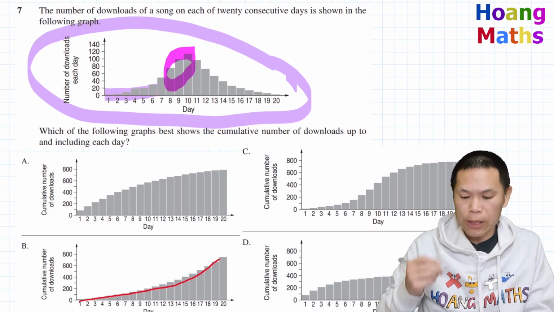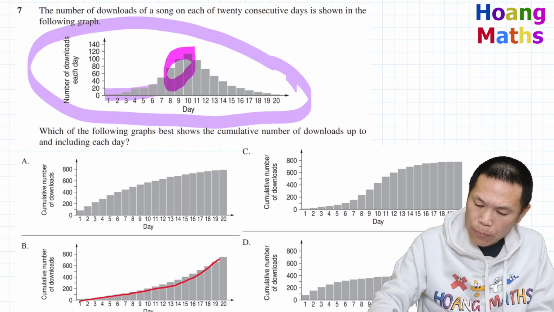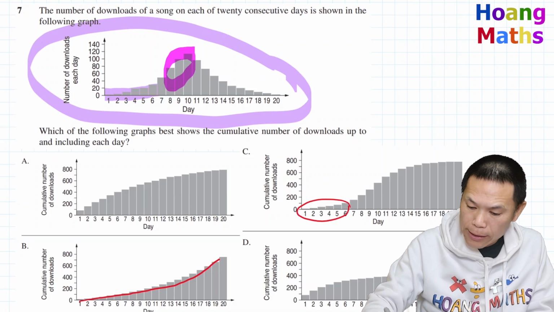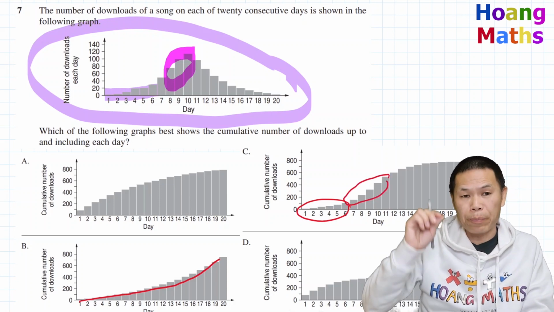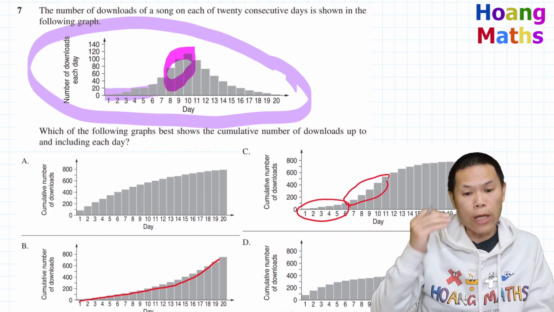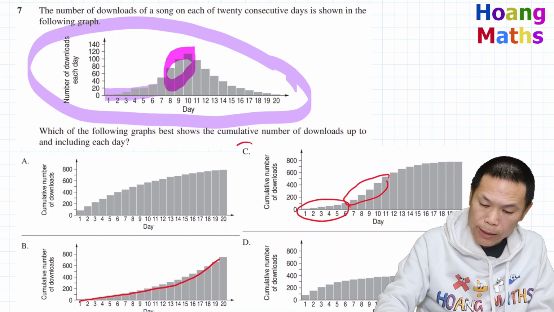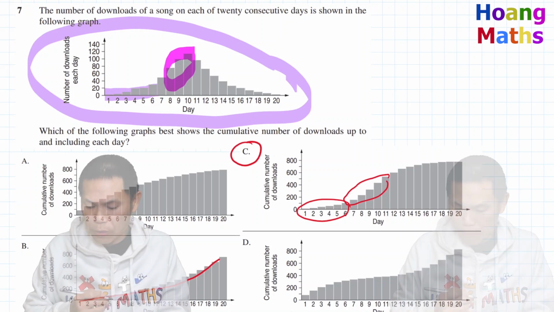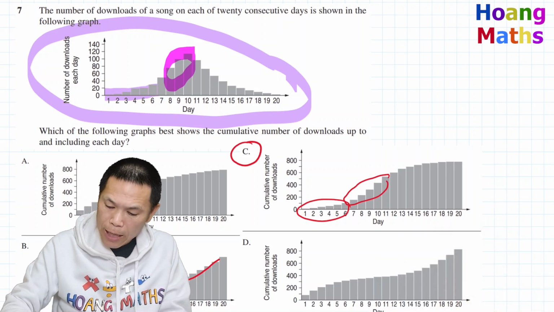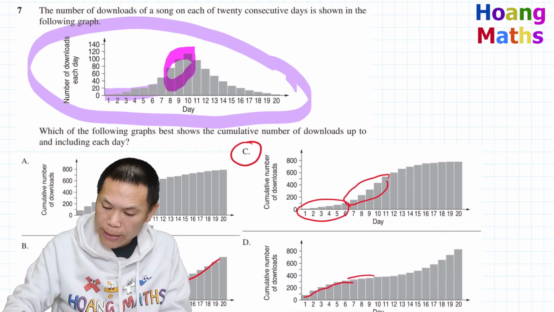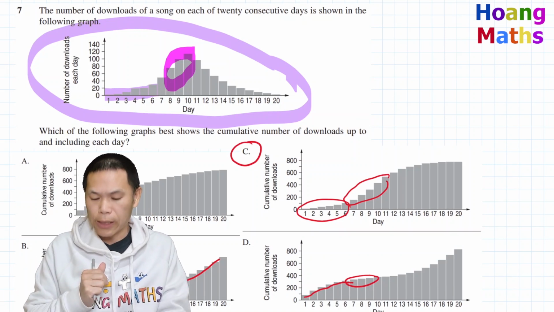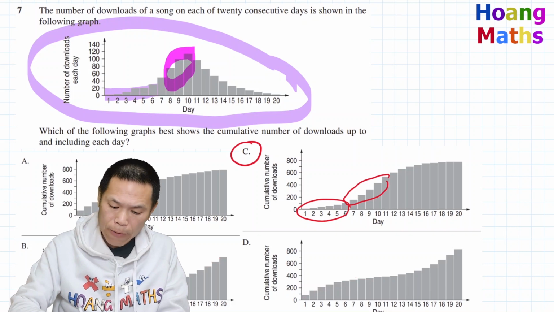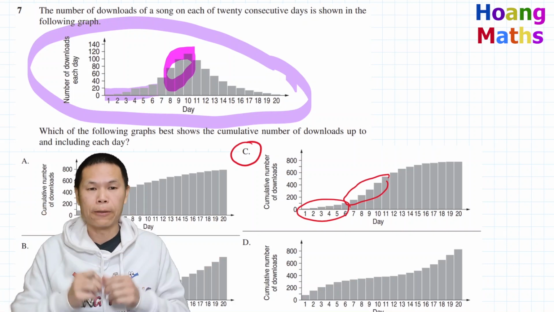And option C, from 1 to 6 they increase steadily, and from 7, 8, 9, 10 there is a big jump between those days. So the answer should be C. But if you look at option D, it starts increasing and 7, 8, 9, 10 is increasing very little, so it cannot be D. So the final answer should be C. There you go.